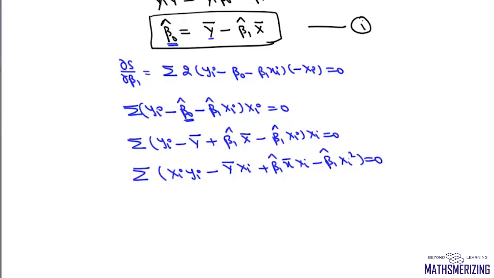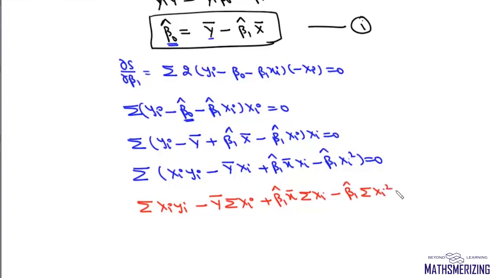Now we can write this as this summation xi yi minus this y bar summation xi plus beta 1 cap x bar into summation xi minus beta 1 cap summation xi square, and it will be equal to 0.